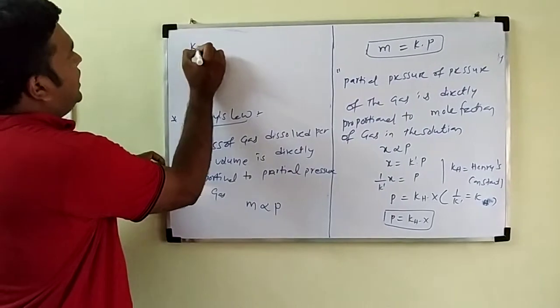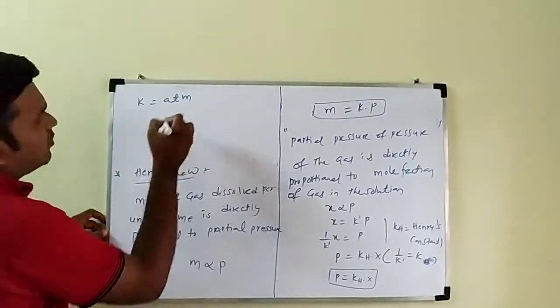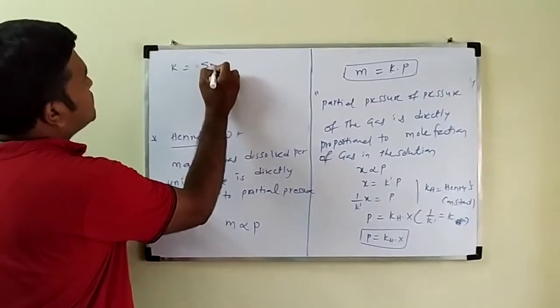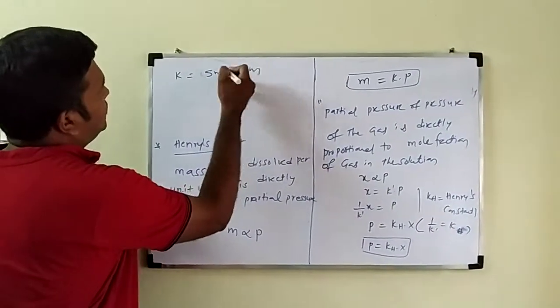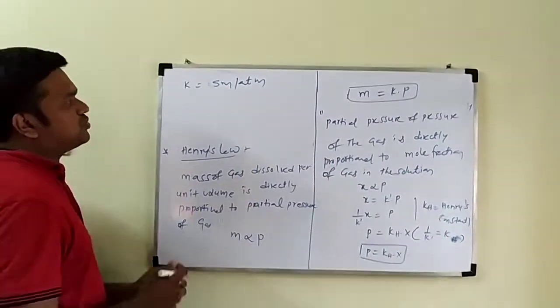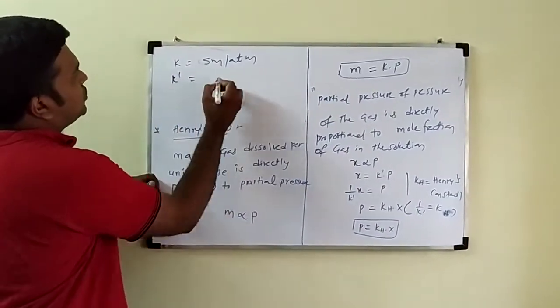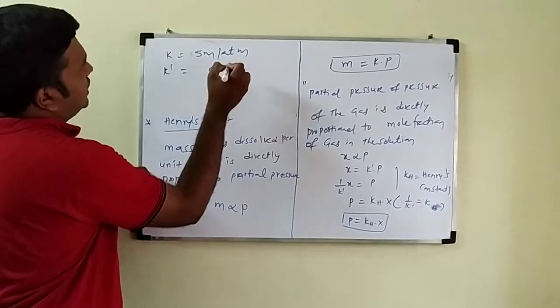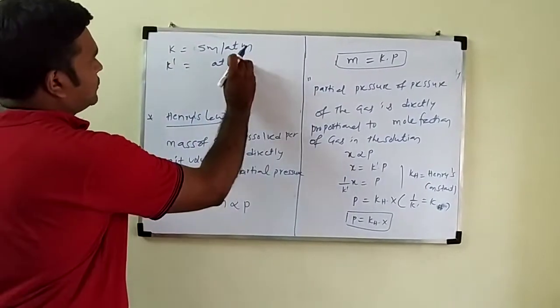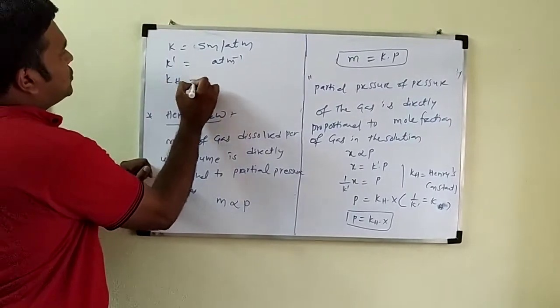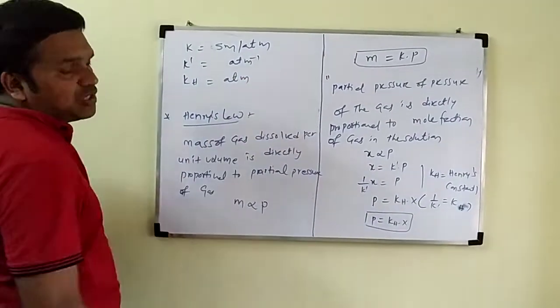I will write here K is equal to gram per atmosphere, because we are taking the mass of the substance. And K dash is equal to atmosphere inverse. And KH is equal to atmosphere only.